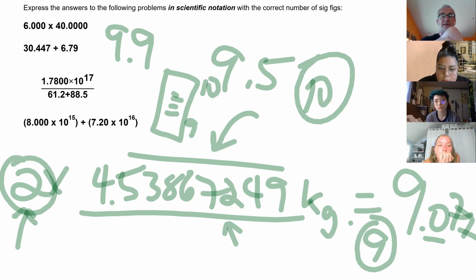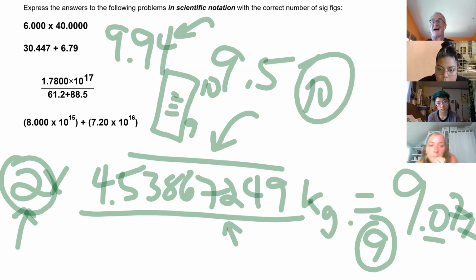Let's say I saw it was a little bit below halfway between 9.9 and 10. So I estimate this number. That number is also significant because I know it's not 9.90 and I know it's not 10, but I don't know what it is exactly, but it's close to 4. So this number is also significant. So that would have 3 significant figures.